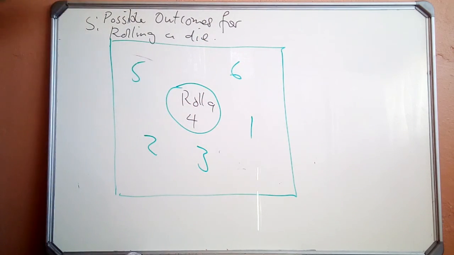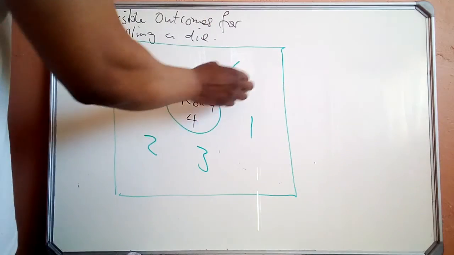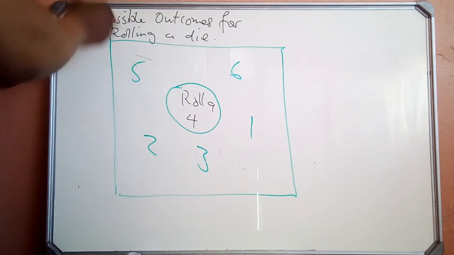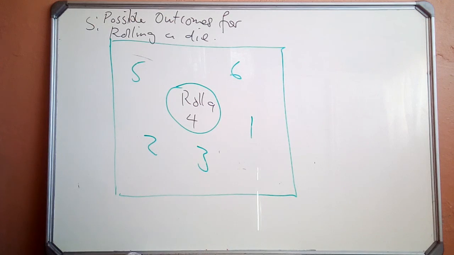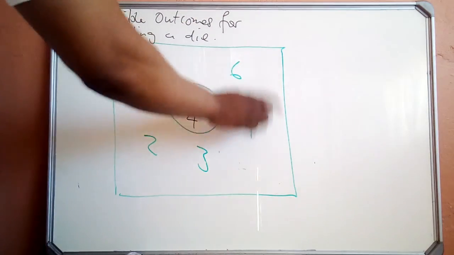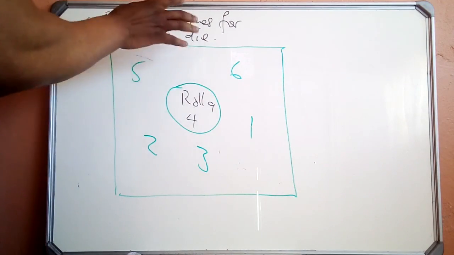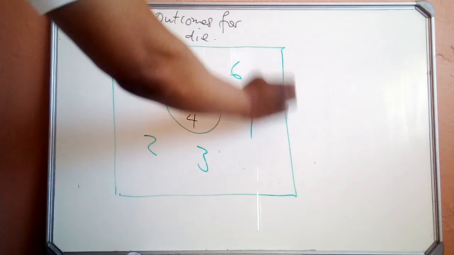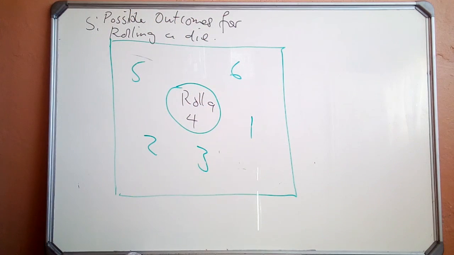But the probability of not rolling a 4 is 5 over 6. So in that way, rolling and not rolling a 4 are complementary because together they make the whole sample space.